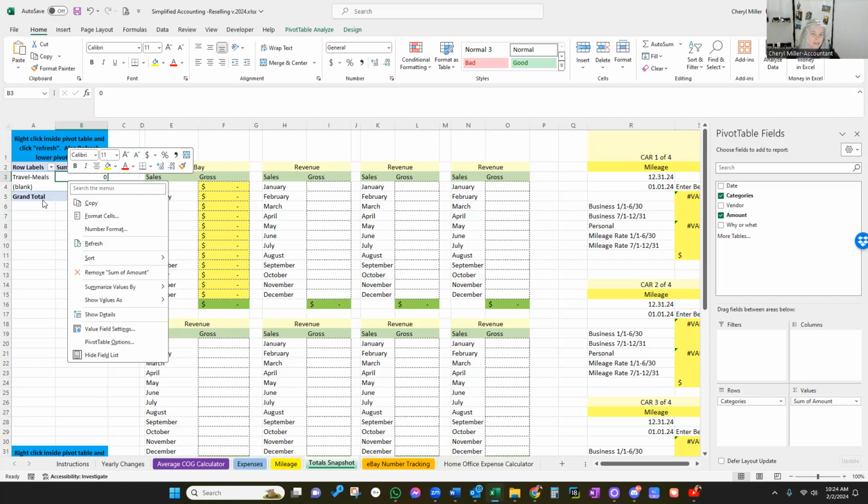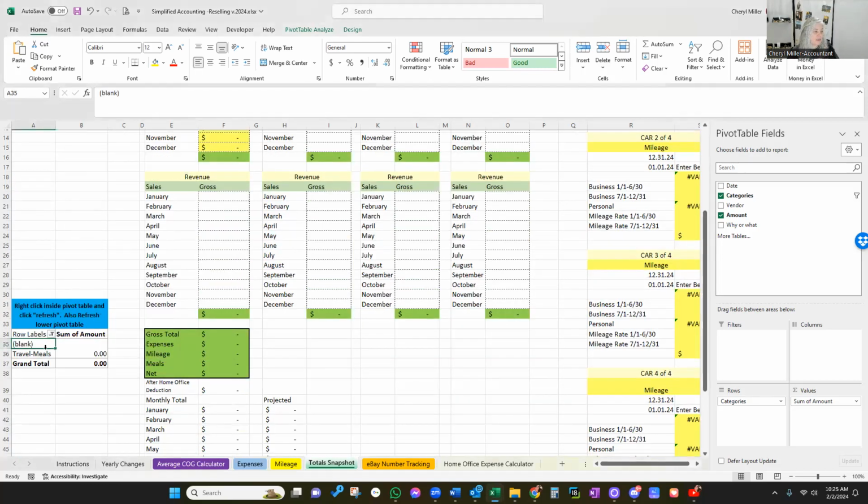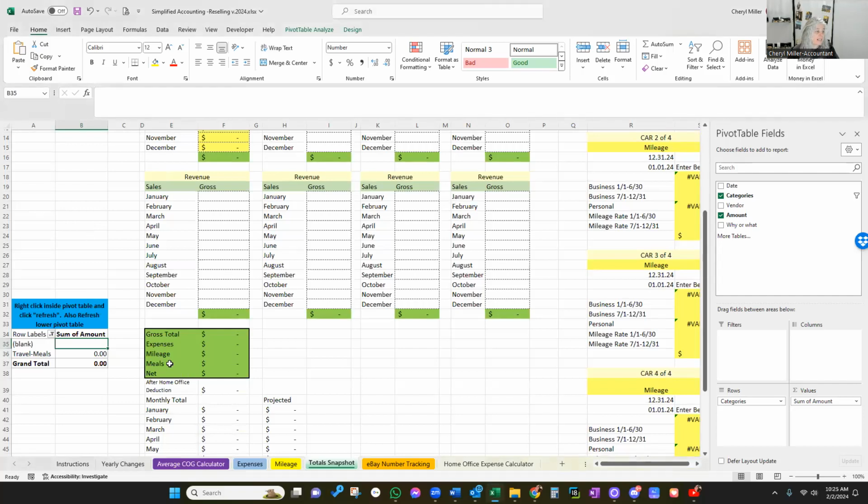So all of the expenses that you've entered, that you've picked categories for, are now going to be totaled in this section, because the individual things don't matter in the grand scheme. You want what the totals are for the categories. In my workbook, you also need to make sure this lower pivot table is also refreshed so that you can see the totals correctly in my little green box down here, which is your little mini P&L.